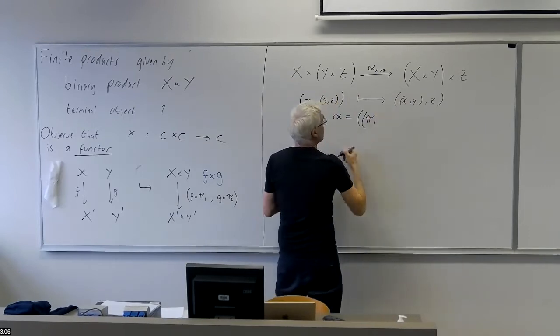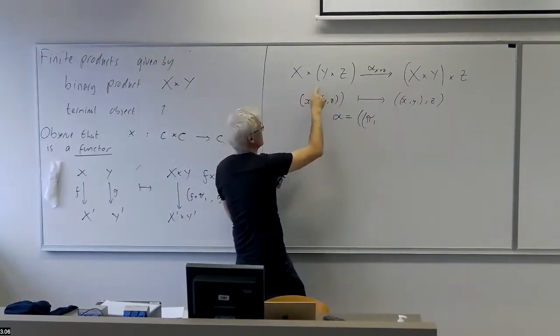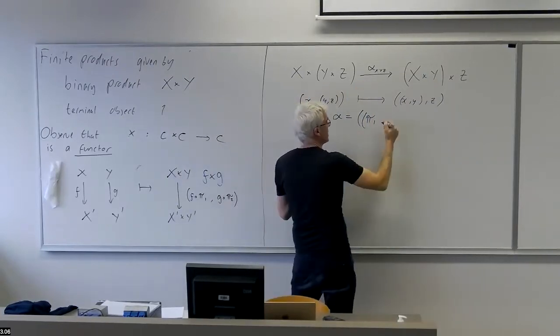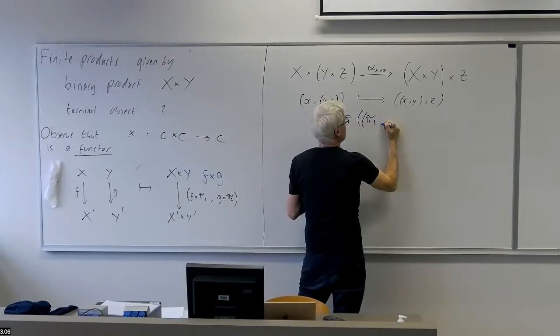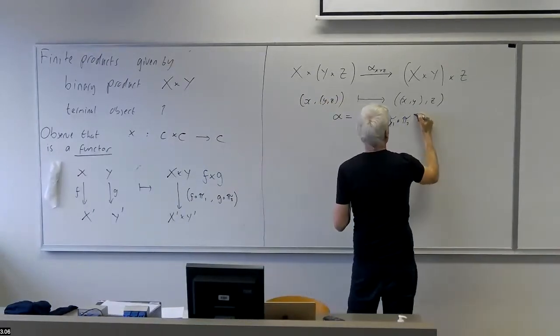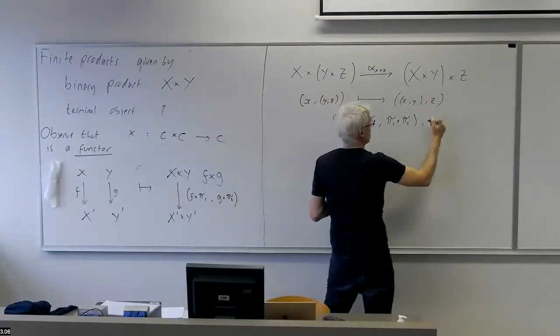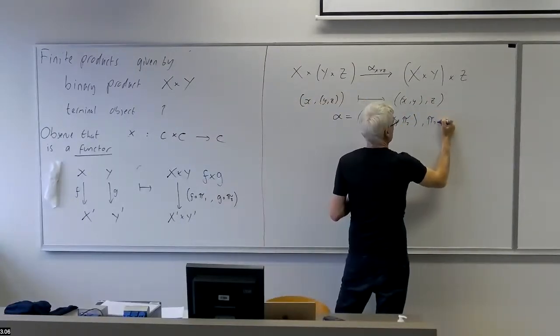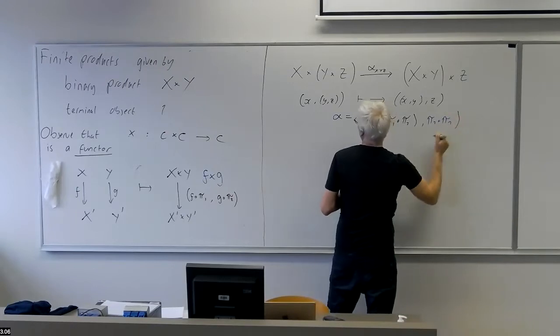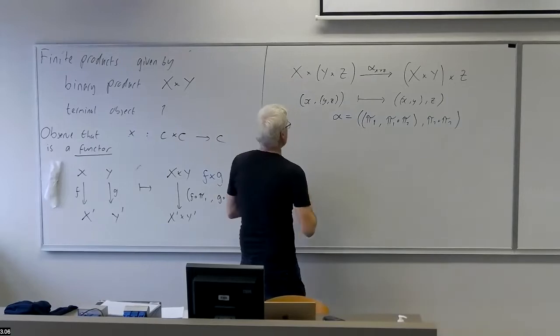The second component in this pair is the y, so that's the first projection of the second projection. And the third component is the second projection of the second projection. So this part here is the intuition.